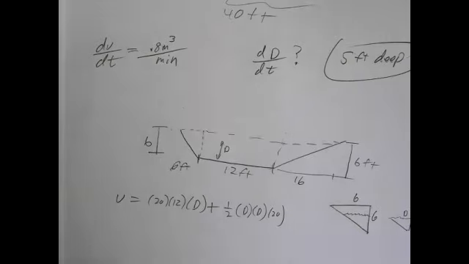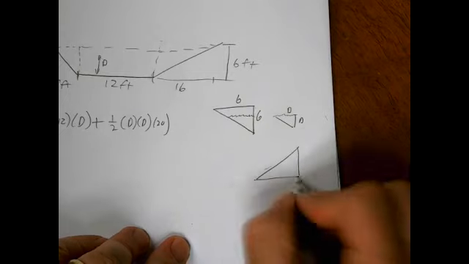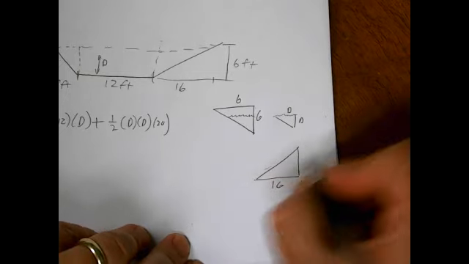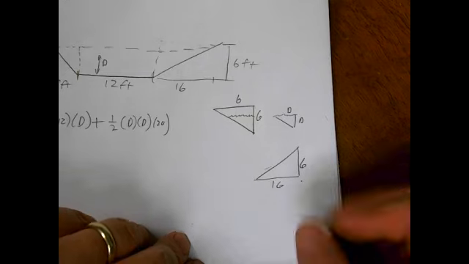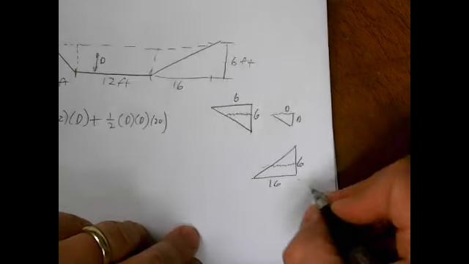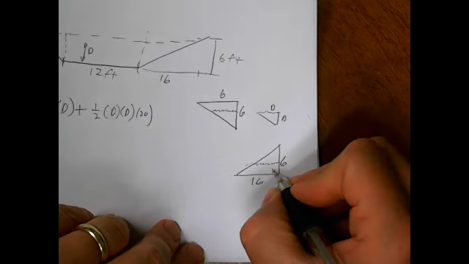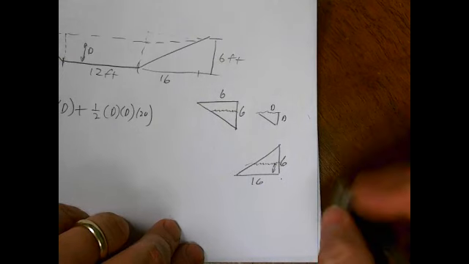All right. Now the other triangle looks like this. The triangle on the far right-hand side measures a 16 by 6 if it were full, but it's not full. The water is only up at depth D right here.